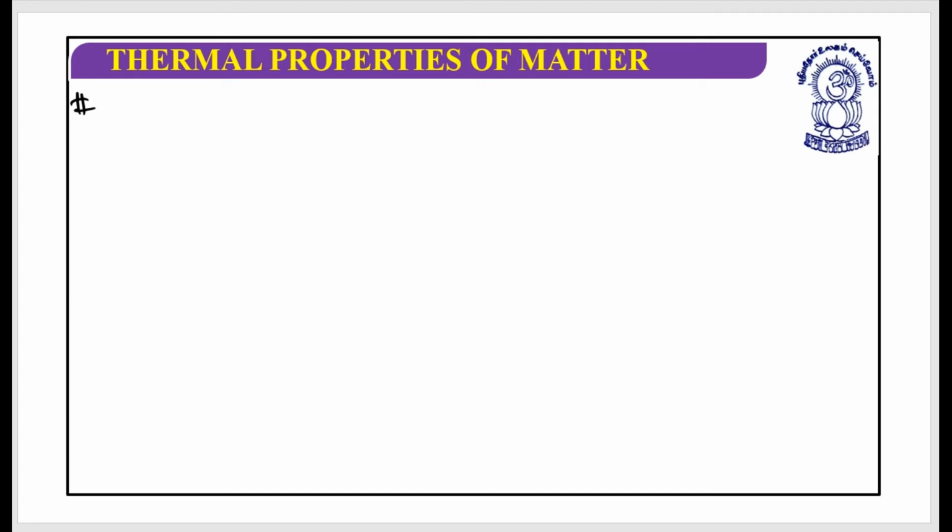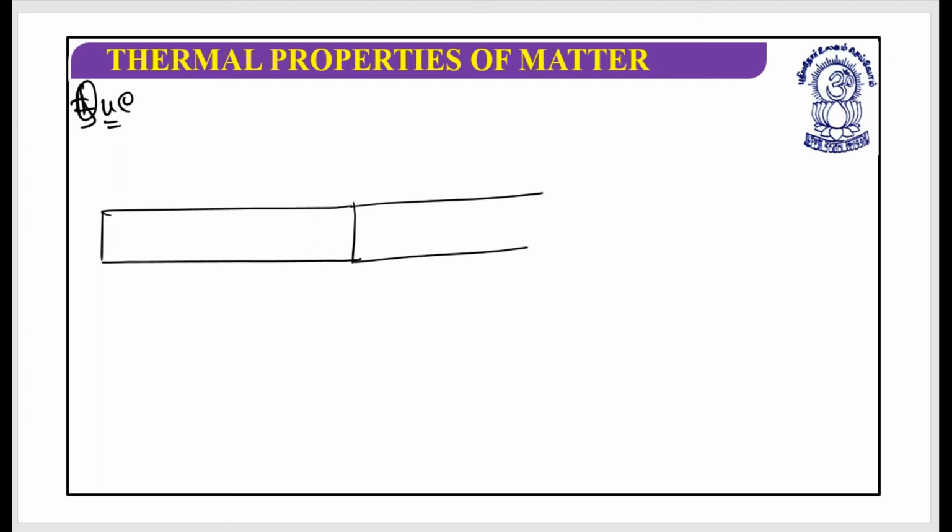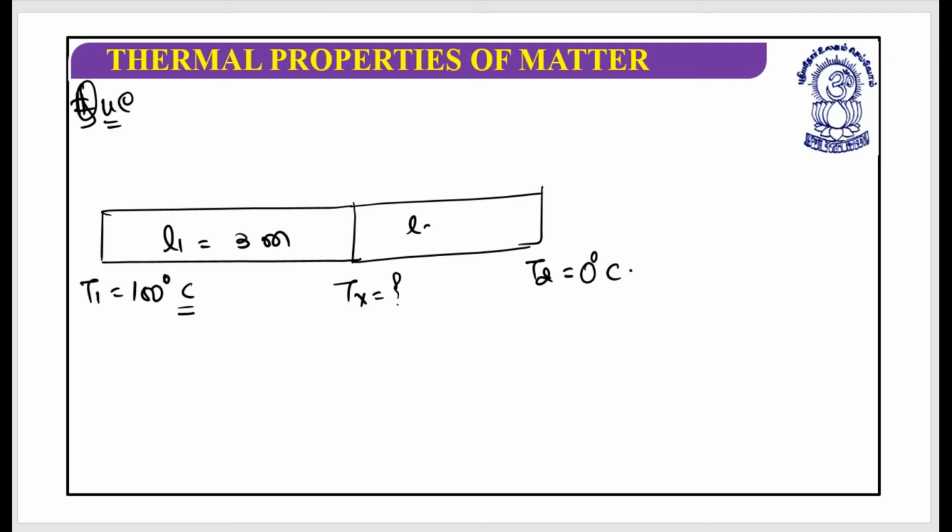So the question says, suppose this is one rod and this is another rod. This end is at 100 degrees Celsius and this end is at 0 degrees Celsius. The length of this one is 3 meter, the length of this one is 2 meter.